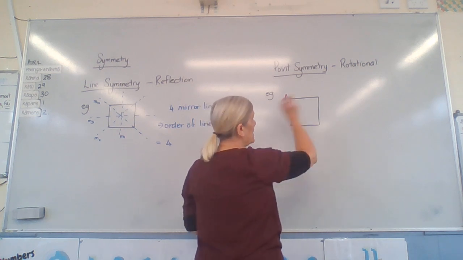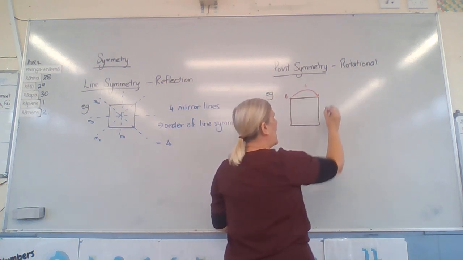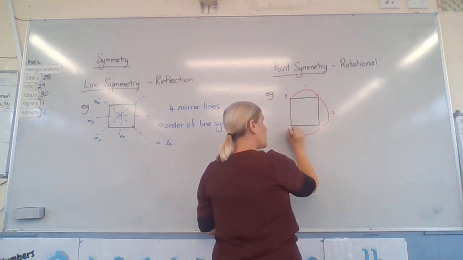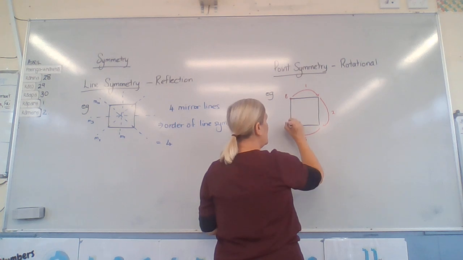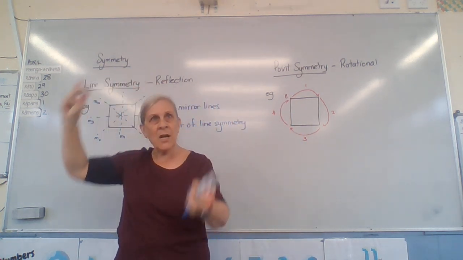So if I turn it this far, that's 1. I can turn it around to here, that's 2. I can turn it around to here, that's 3. And the last one makes 4. So how many times am I turning it around?